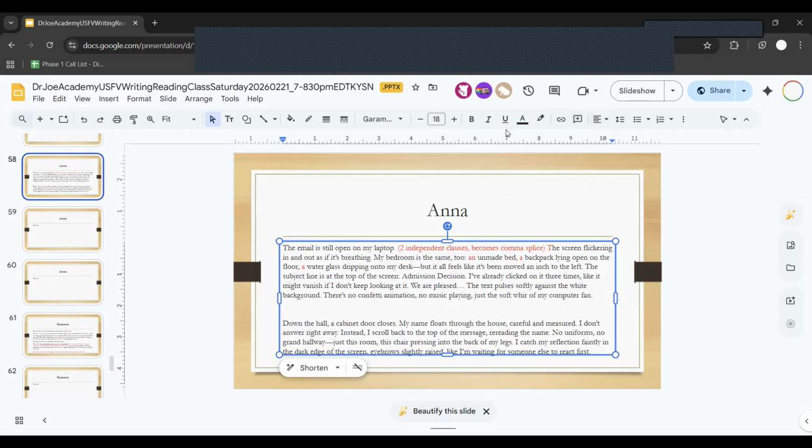And I would honestly end the sentence right over there and then make this its own sentence. "But it all feels like it's been moved an inch to the left." Okay.